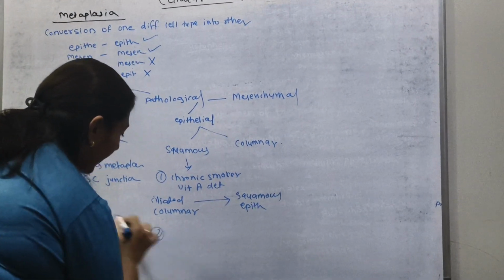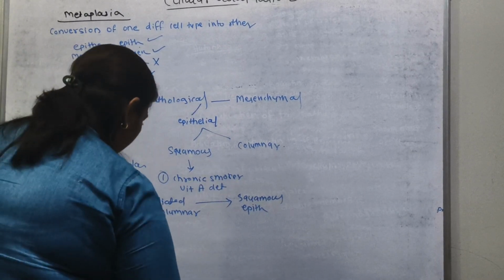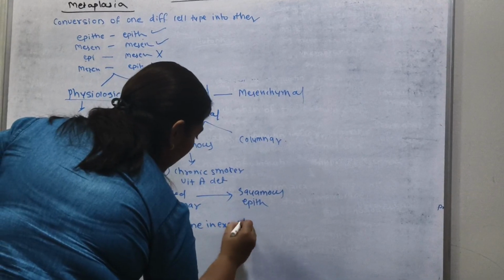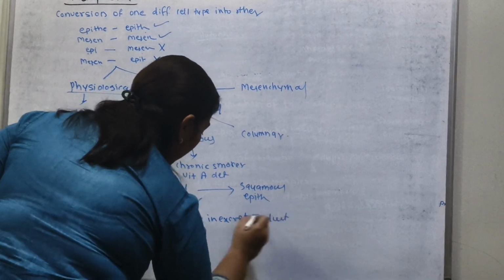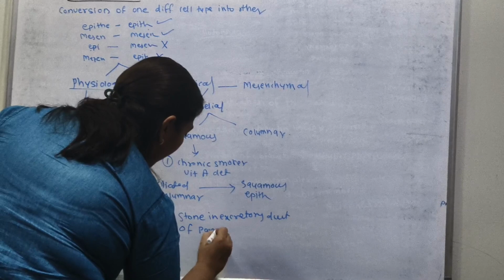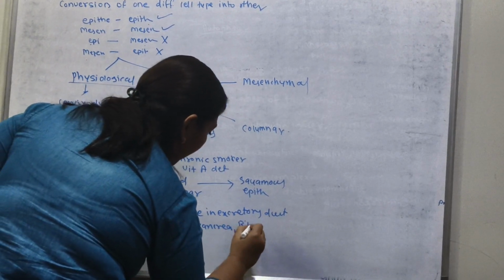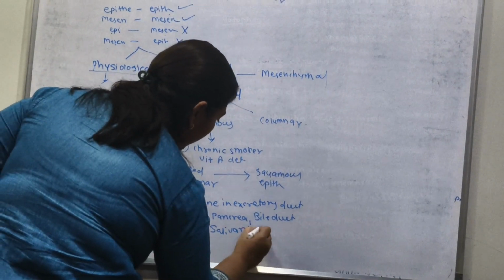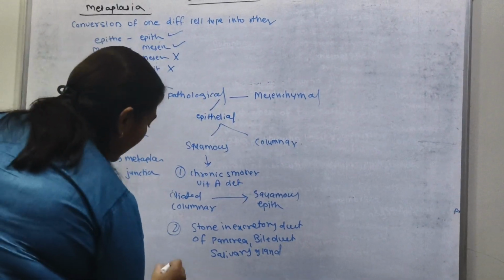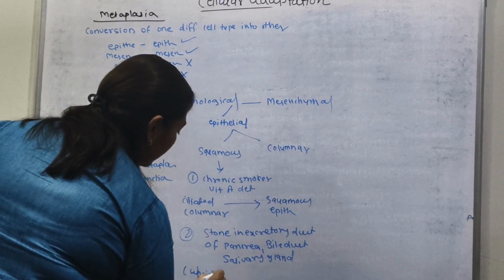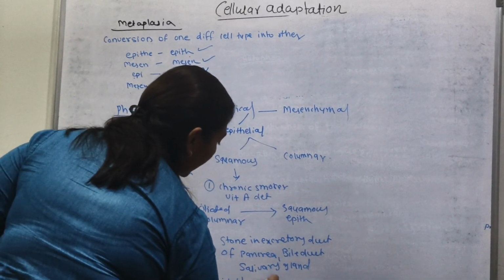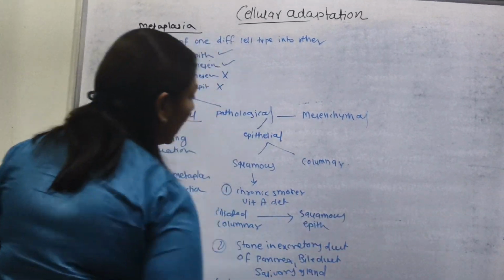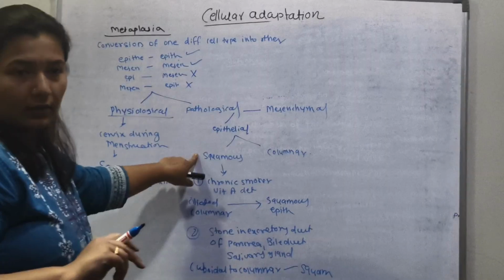The second example is when there is a stone in the excretory duct of the pancreas, bile duct, or salivary gland. In that case, cuboidal to columnar type of epithelium is converted into squamous epithelium. These two examples come under squamous metaplasia.